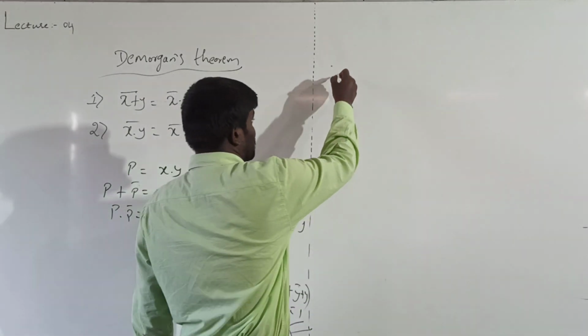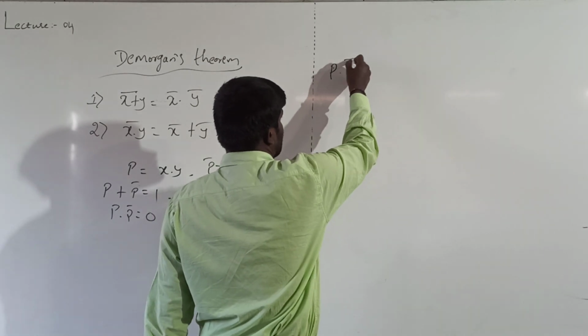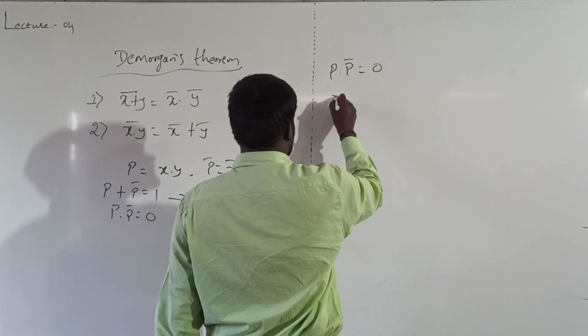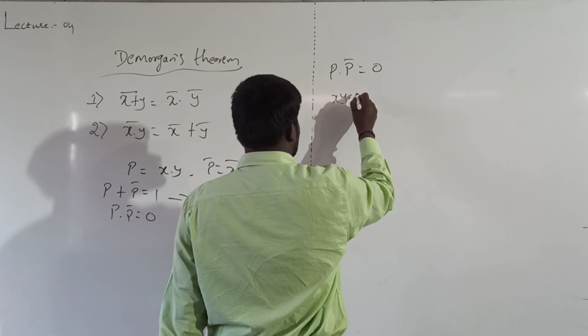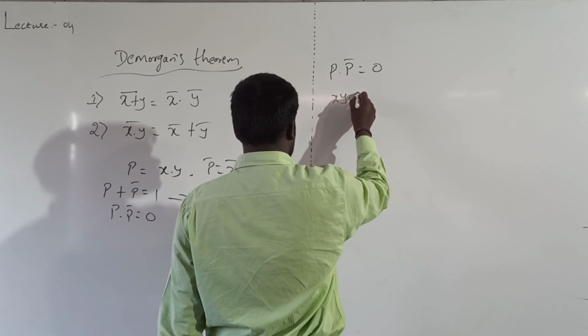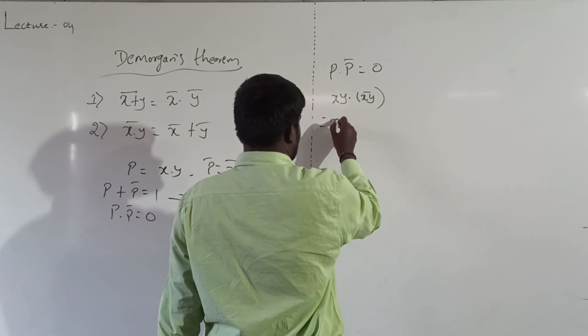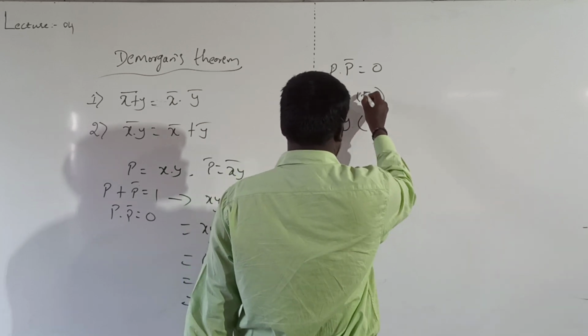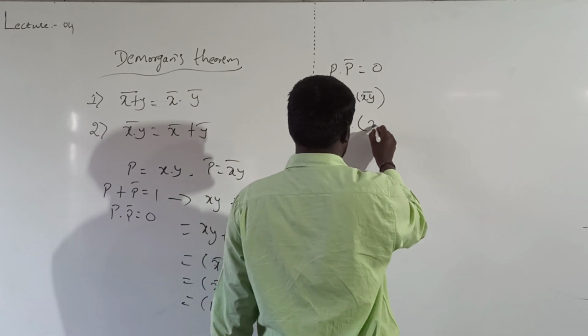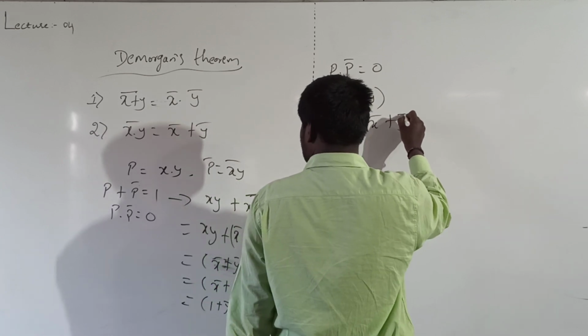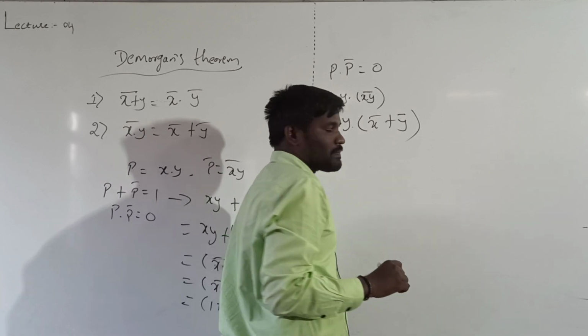Okay. Next is p into p bar is equal to 0. Again same, xy into xy whole bar. Instead of writing xy whole bar, I can write x bar plus y bar. Okay.